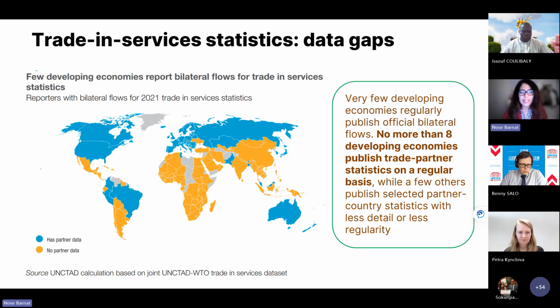So no more than 8 developing economies publish trade partner statistics on a regular basis, while a few others publish selected partner country statistics with less detail or less regularity. This is the big gap in terms of data in trade in services statistics by partner and also by mode of supply. But let's focus on the partner.